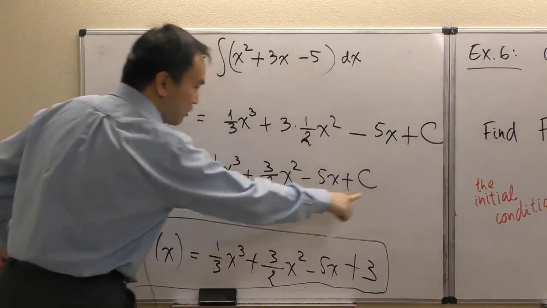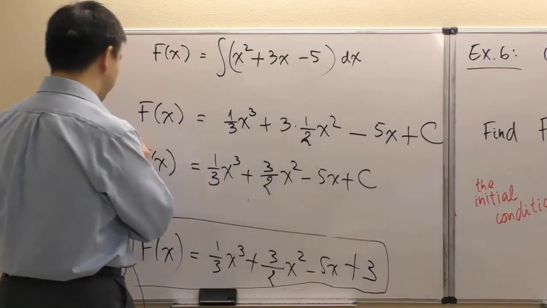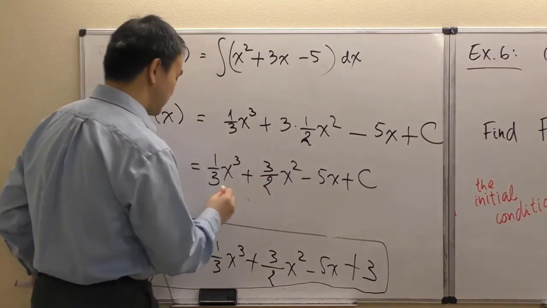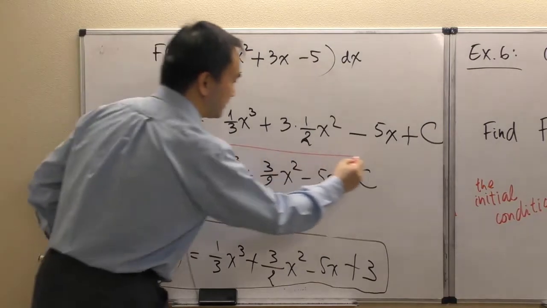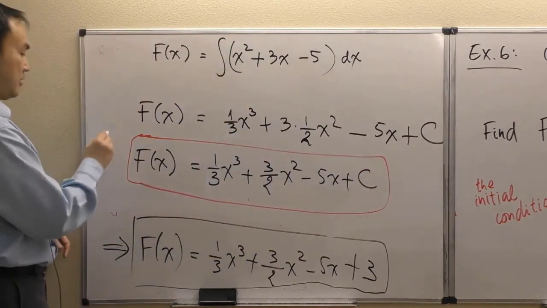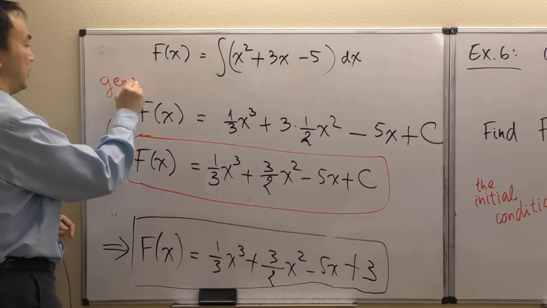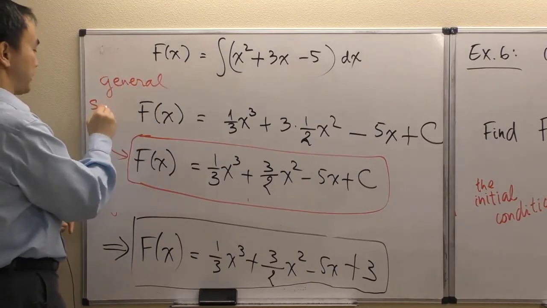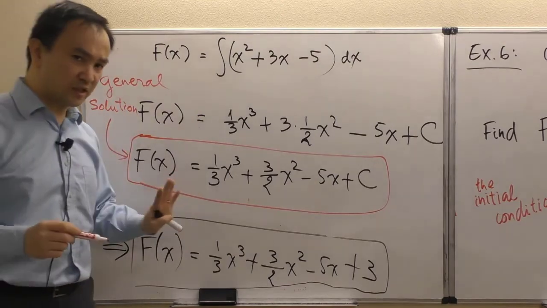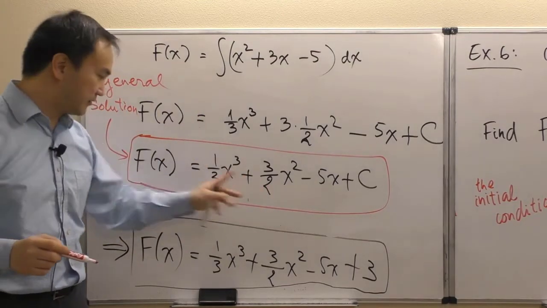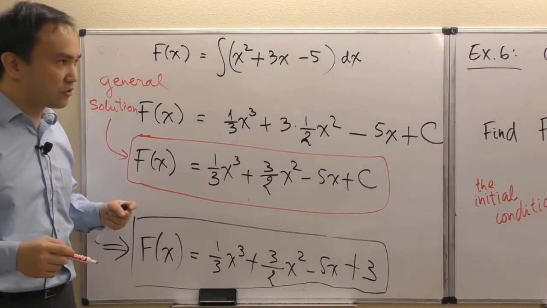This antiderivative with the constant c, the general antiderivative, is called the general solution, which is nothing but the general antiderivative of your initial value problem.